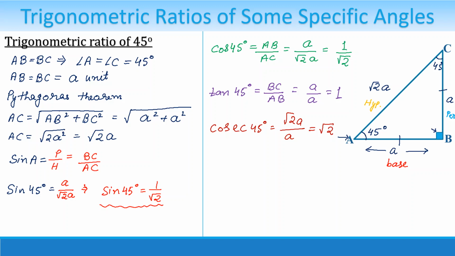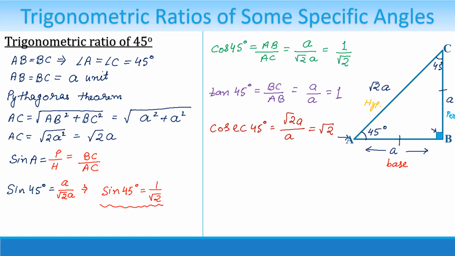So this is how you can find out the values of trigonometric ratios for a 45 degree angle.